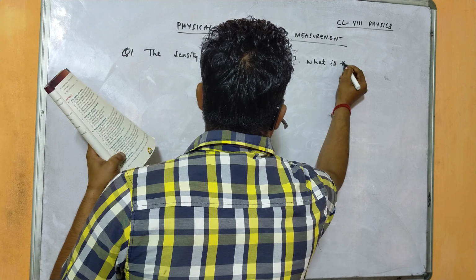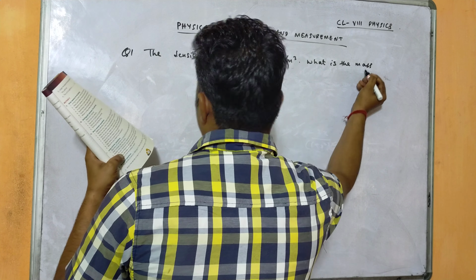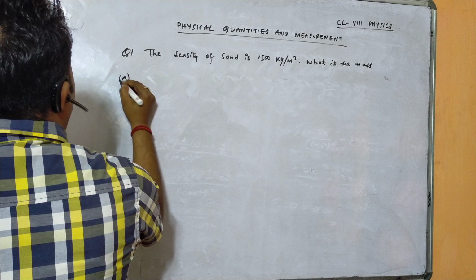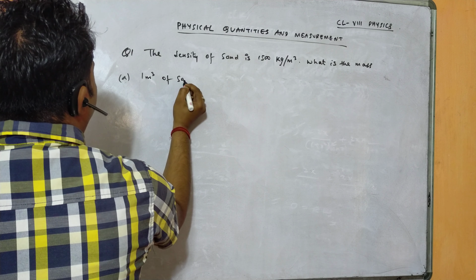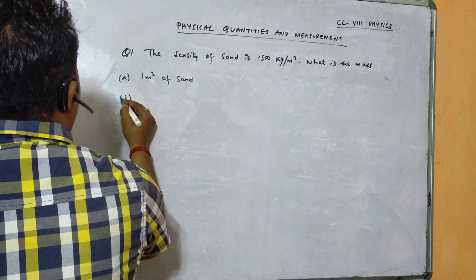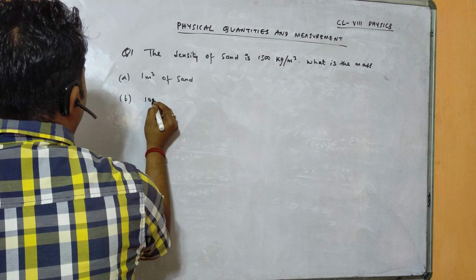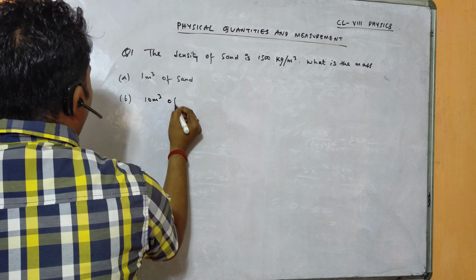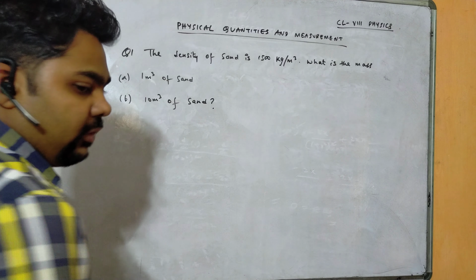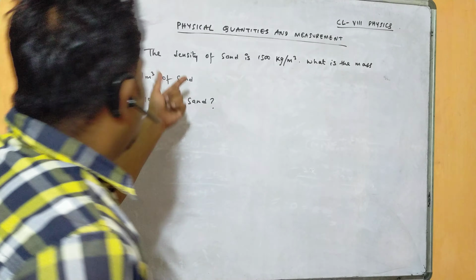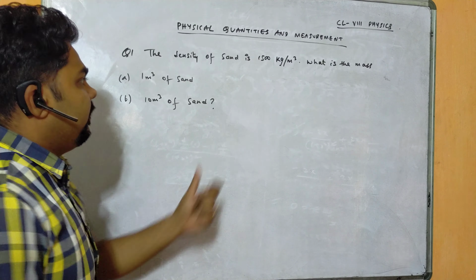What is the mass? Point A, 1 meter cube of sand, and point B, 10 meter cube of sand. Right? So this is the question. The density of sand is 1500 kg per meter cube.